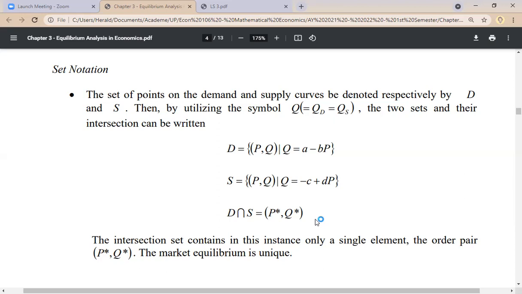If those restrictions are not present, then we are certain that the intersection of demand and supply will yield an equilibrium value equal to P star and Q star.